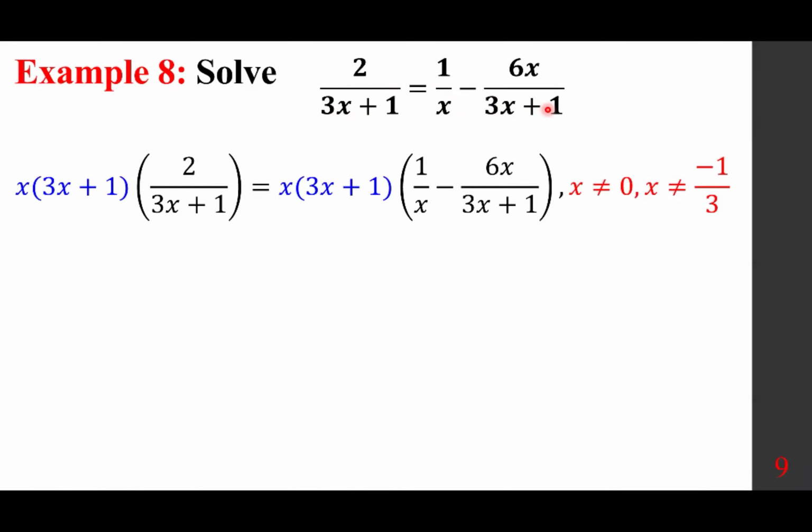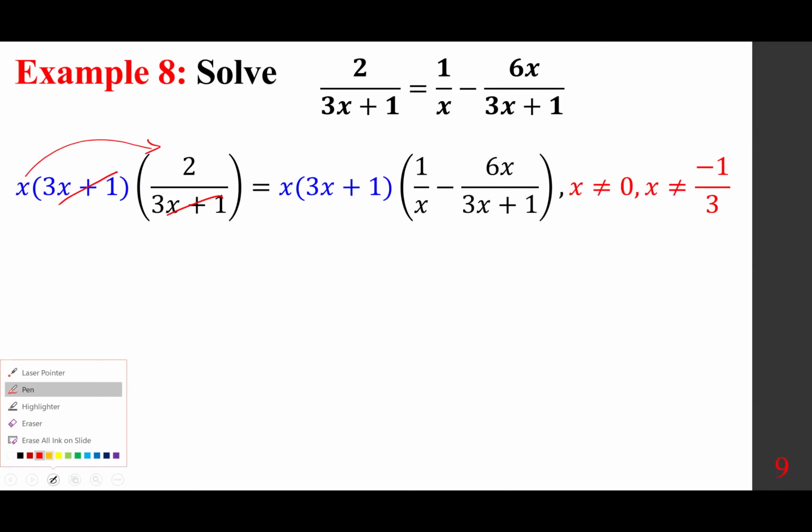So the left side, we just lose the 3x plus 1, and it becomes 2x, and you're done with the left side. What happens if I want to multiply it by this? Just the first one.